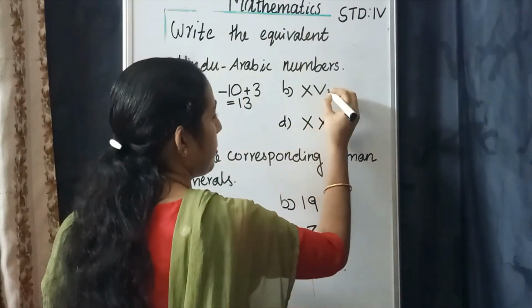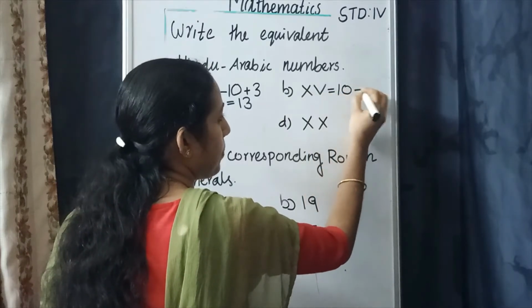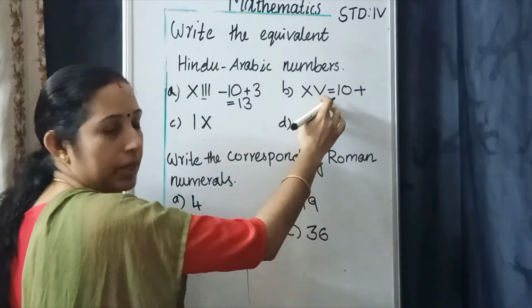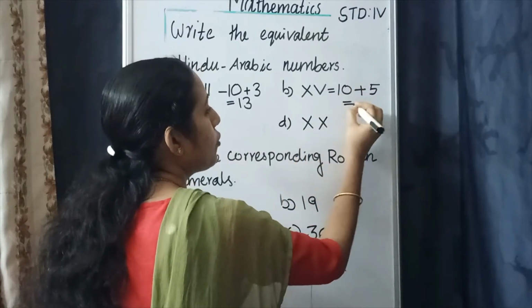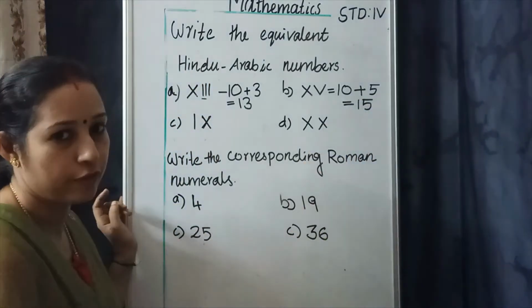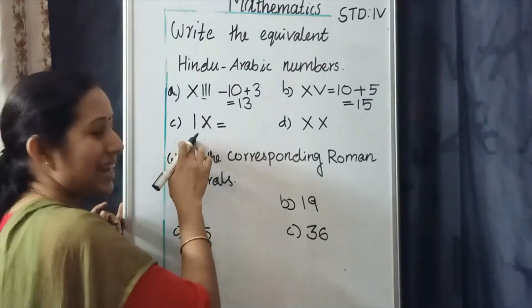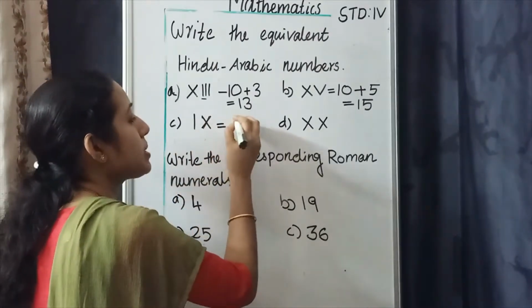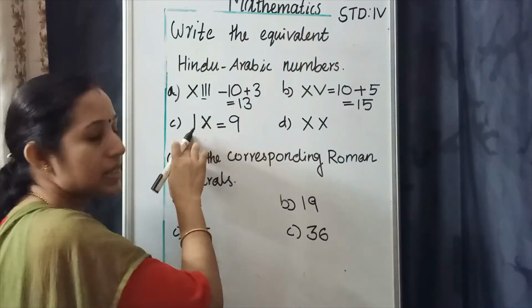Question B, XV. X means 10 plus V means 5, so 10 plus 5 is 15. The value of XV is 15. Next one, IX. IX means 9, that is 10 minus 1.